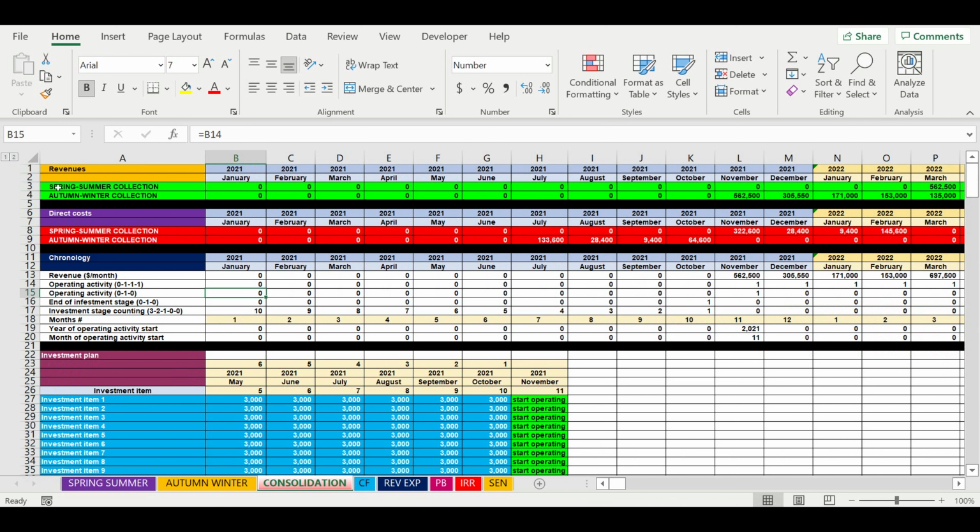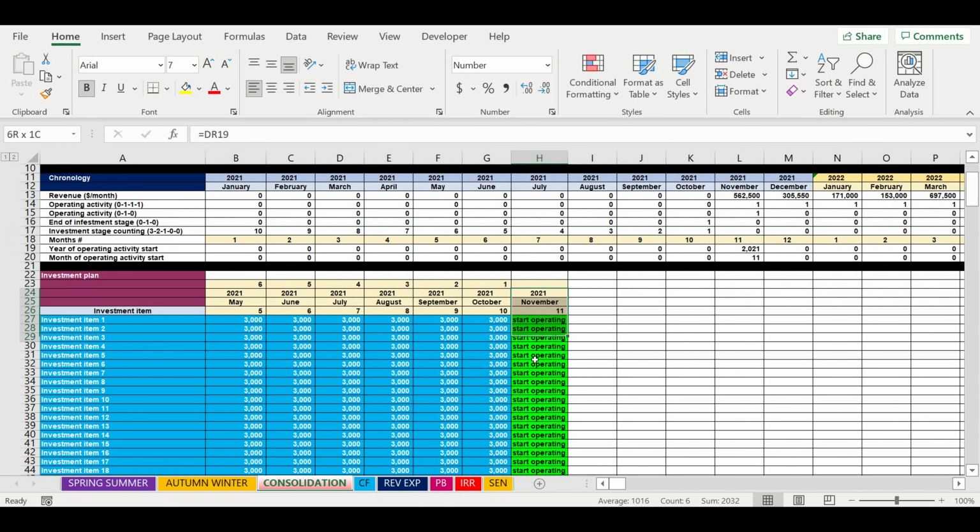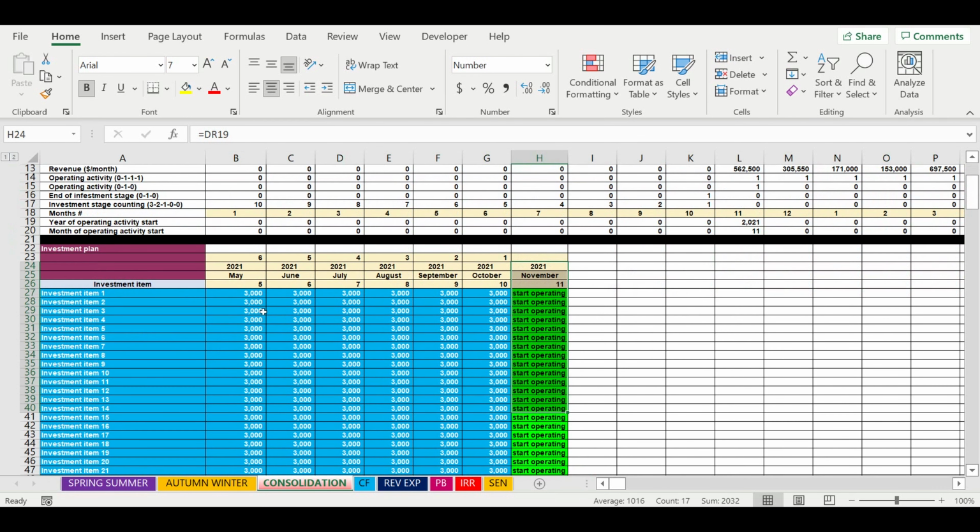We just take all the revenues from these lists, and direct costs. Then Microsoft Excel calculates the first moment when we start operating activity. It's November 2021. It's done automatically. Before this moment, we have our investment plan. For example, we need to make some construction for our offline store, to buy some equipment, so different items before we start operating activities.